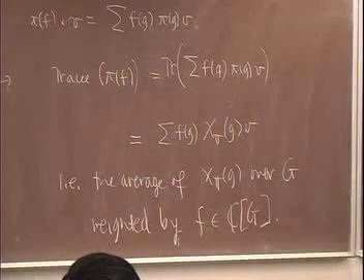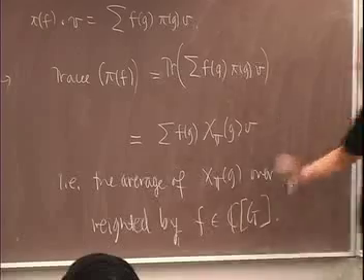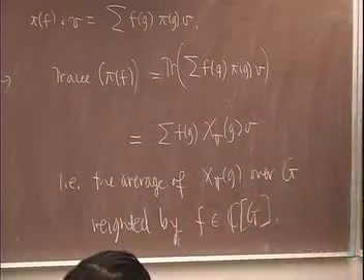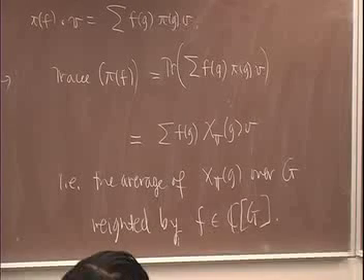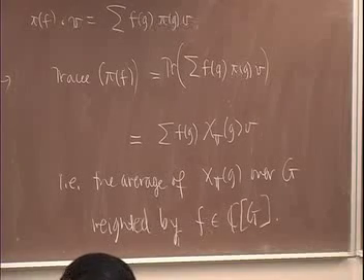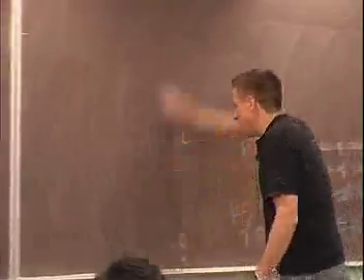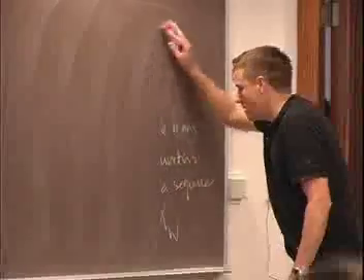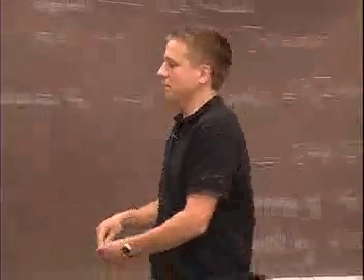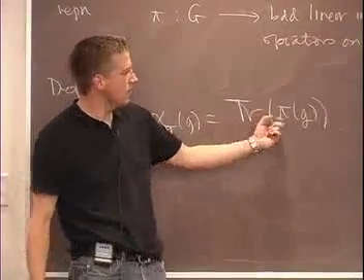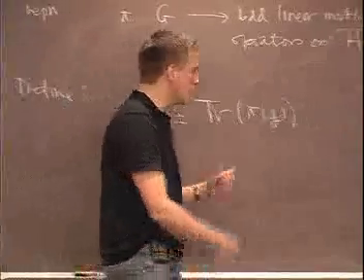But there's a seed of an idea in here that is going to work in the infinite dimensional case. The idea is that in any sensible definition of the trace, we may not be able to evaluate the trace of pi of g in this infinite dimensional setting.